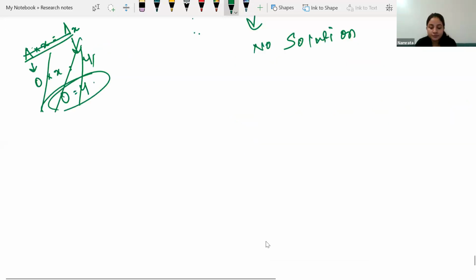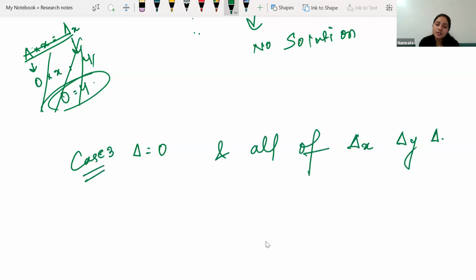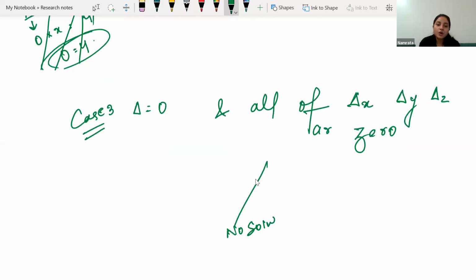Now the next one is, if delta is 0 and delta x, delta y, delta z are 0, if all are 0, either there will be no solution, or there will be infinite solution.